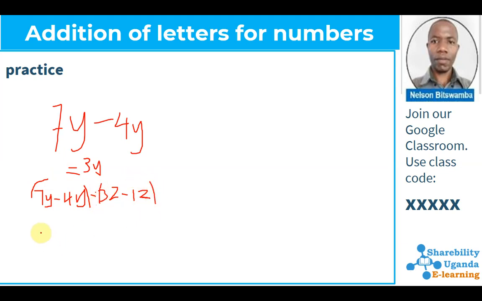That means we shall get 3y, then minus, when you get 3z minus 1z, we shall get 2z. Okay, so we shall get our answer as 3y minus 2z. We can no longer solve this further, so we just stop from here.